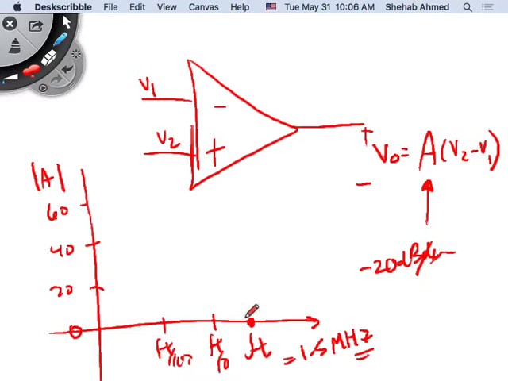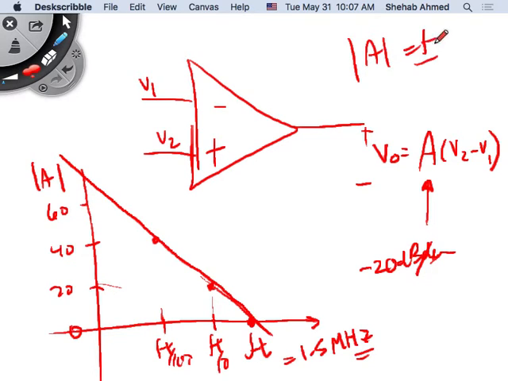I go every decade, 20 dB, so I'm able to estimate A.